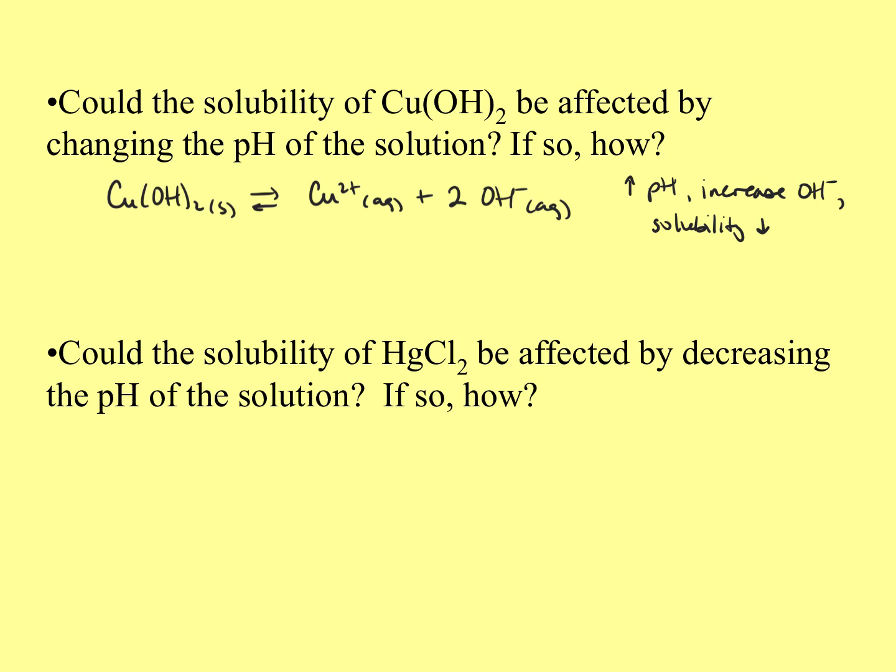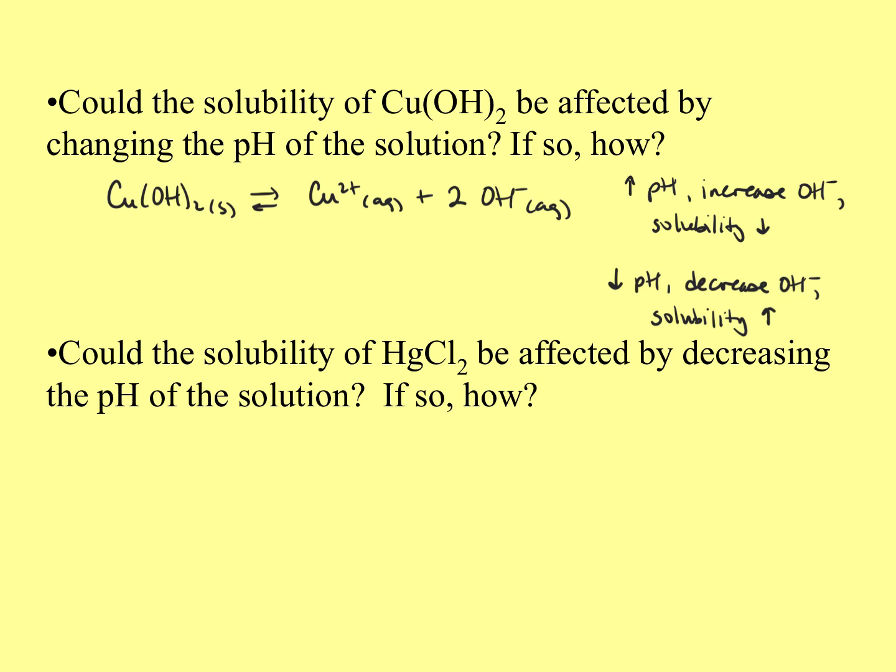Now lowering the pH by adding an acid, well, acid reacts with the base here, so by lowering the pH, that means that the OH minus is going to decrease. And when you decrease the OH minus, that's going to cause the equilibrium to shift right to the product, and solubility will increase. You have to really think it through because it's very easy to make careless mistakes in this process.